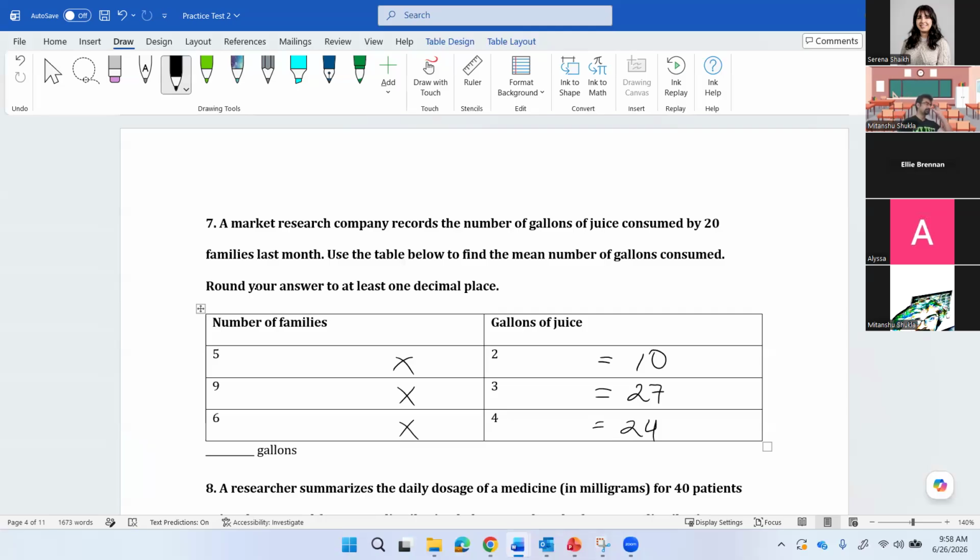With me so far? Then we want to add everything that we just got. So we want to add these numbers. Okay. So this is going to give me 61.